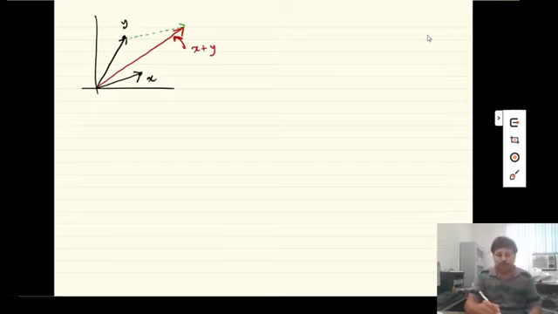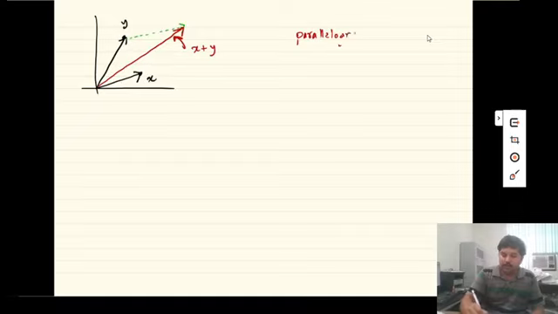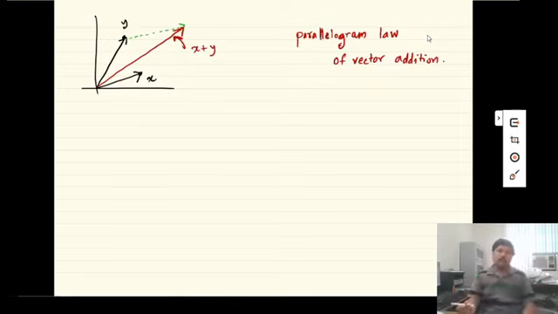So this is the parallelogram law of vector addition, right? So this is what I get for my vector addition.